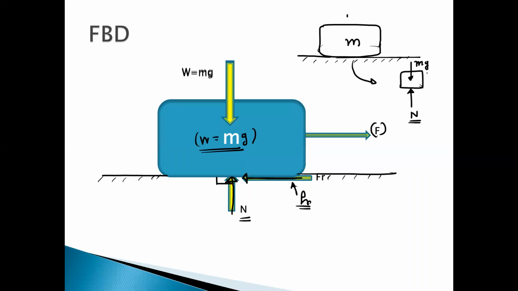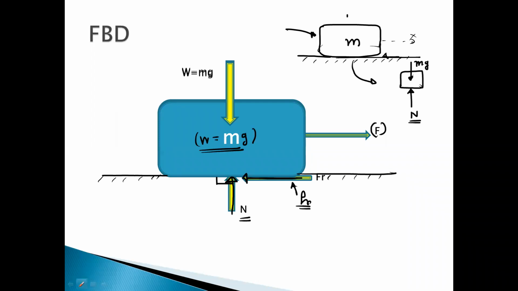In this case, as there is no external force, there will not be any frictional force. Always remember, if there is a possibility of motion, that is called a tendency of motion, then there will be frictional resistance. Otherwise, if the object is just resting on a flat surface, then we will not show any frictional force, because there is no possibility of motion.